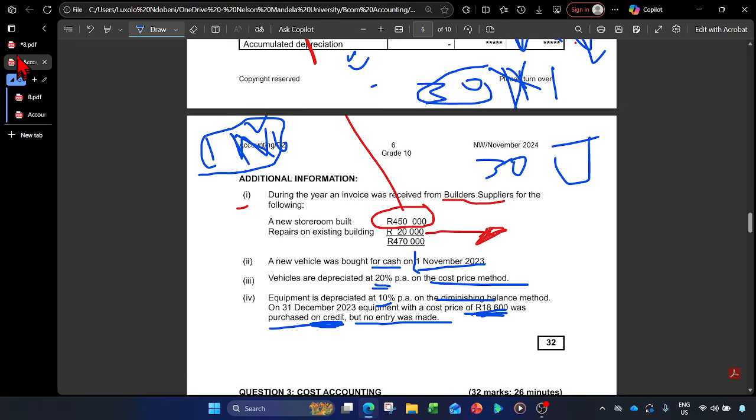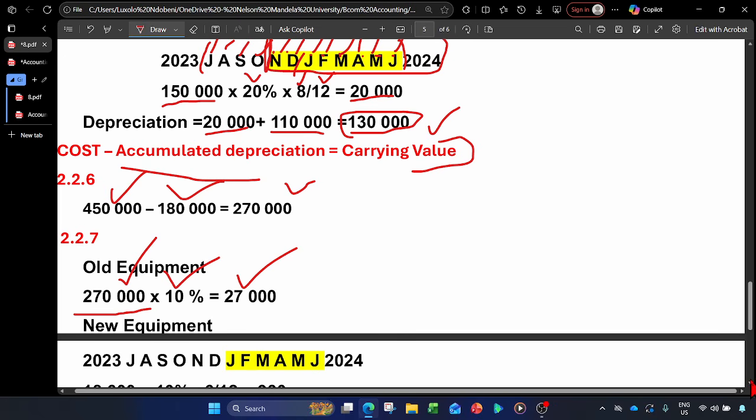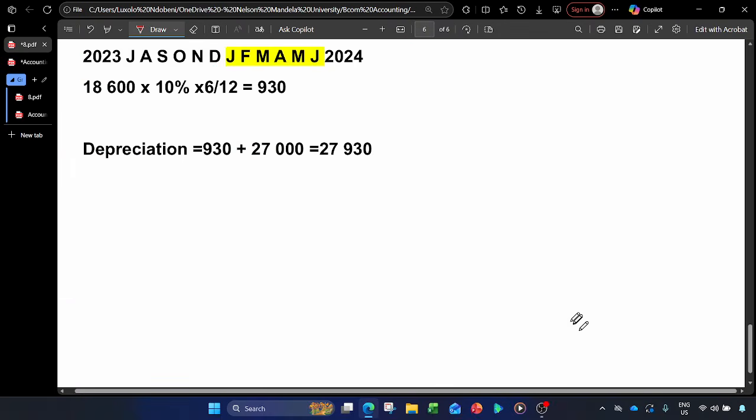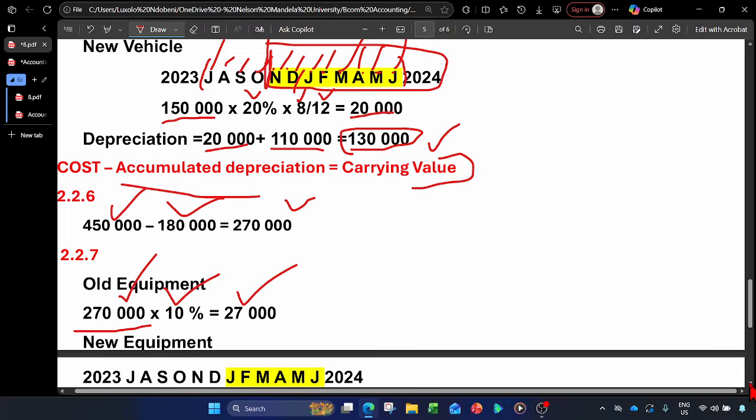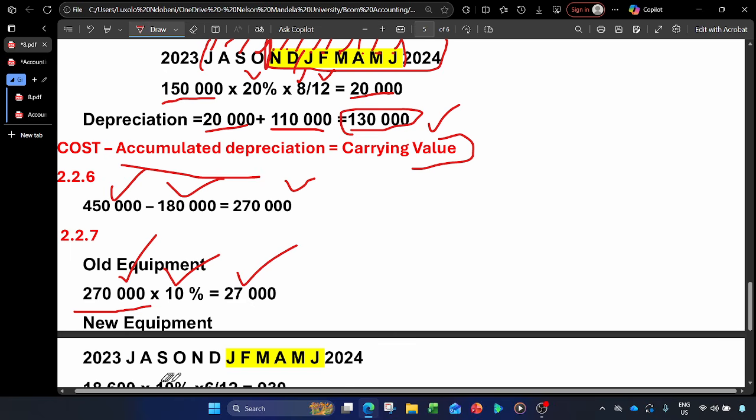So let's see how many months the asset was used for the business during the year. Sorry for showing the answers. So remember, it's July, August, September, October, November, December, January, February, March, April, May, June.